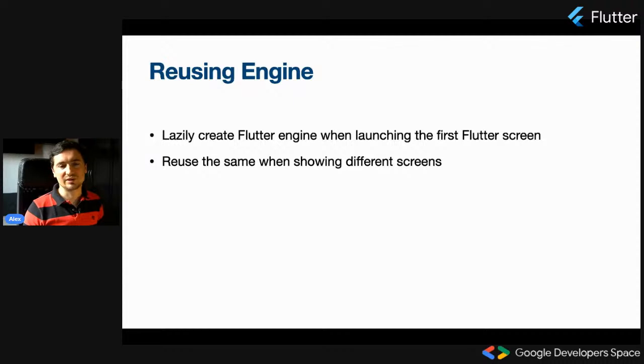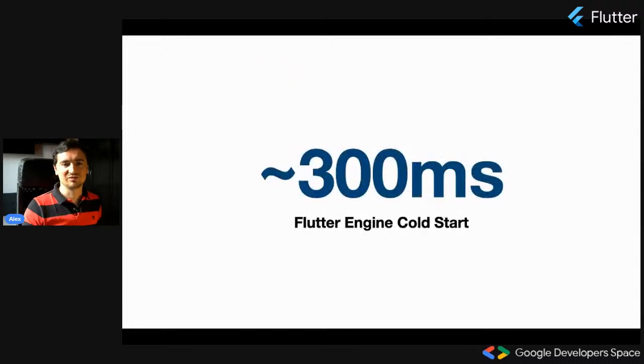Alternatively, you can start the Flutter engine lazily when you're just starting the first Flutter screen, and then for all subsequent launches of Flutter screens, you can reuse the same engine. So now, instead of having like a 300 milliseconds delay when you start a Flutter screen, it will be just 10 milliseconds to start the next screen before the first frame is rendered.